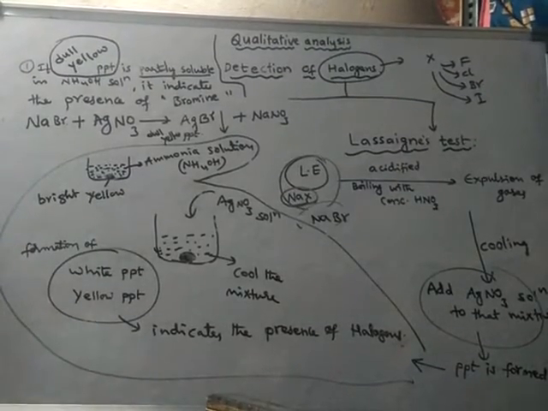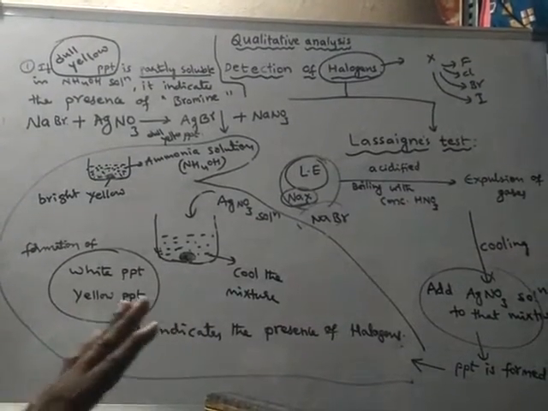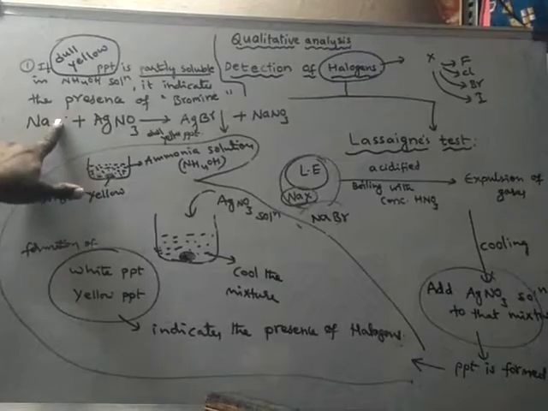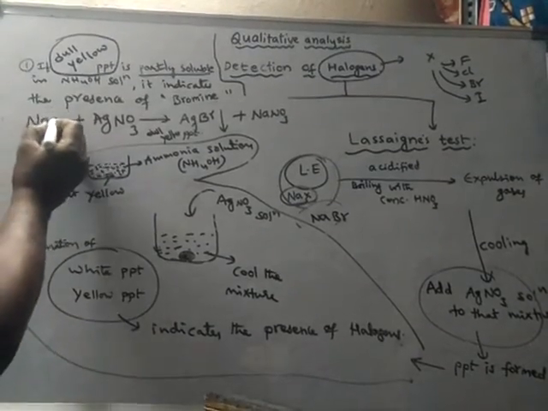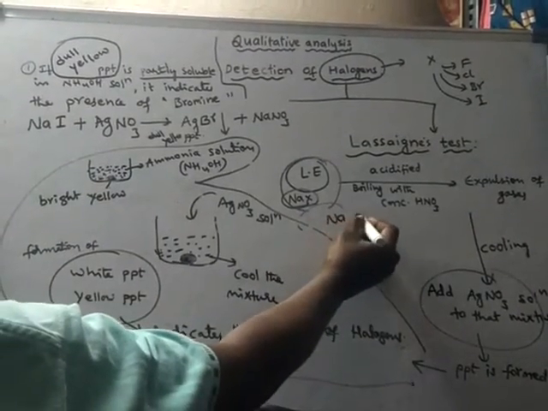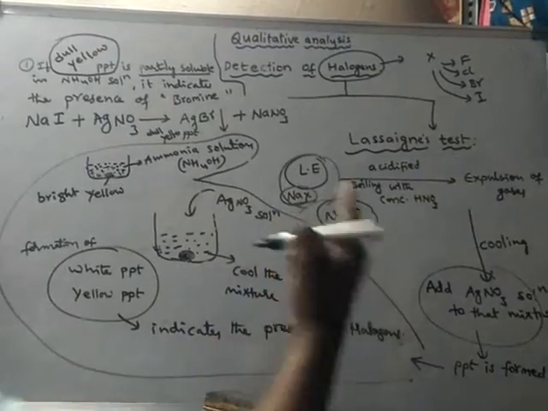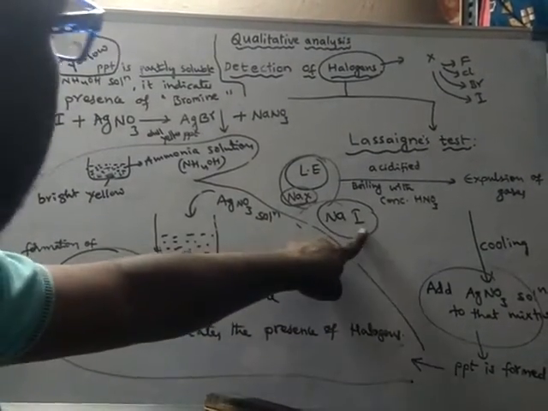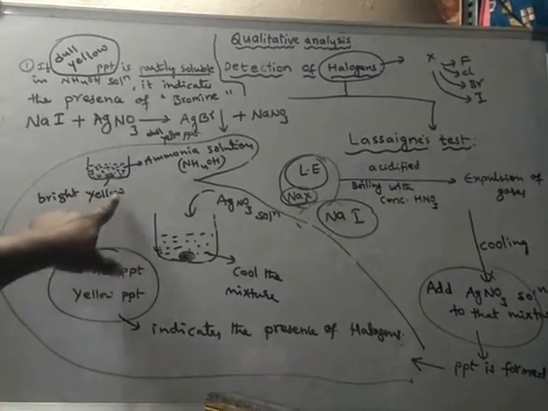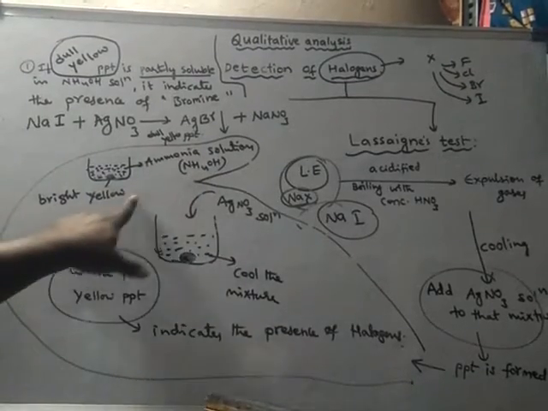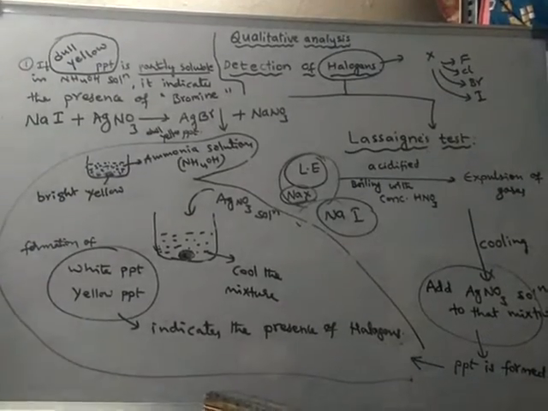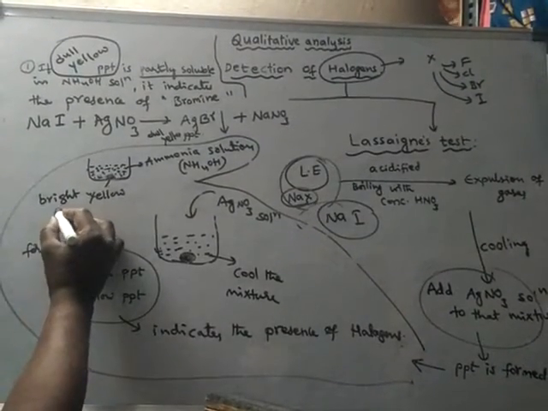How is a bright yellow precipitate formed? It is formed when iodine is present in the Lassaigne extract. When iodine is present, instead of chlorine or bromine, it forms a bright yellow precipitate, and when kept in ammonia solution, it does not dissolve at all. It is completely insoluble.